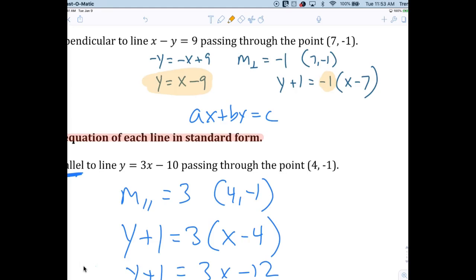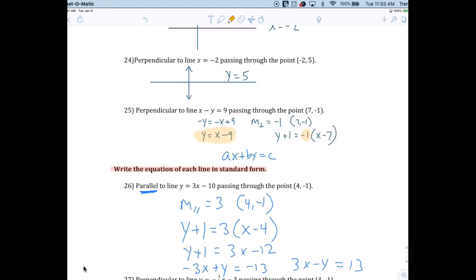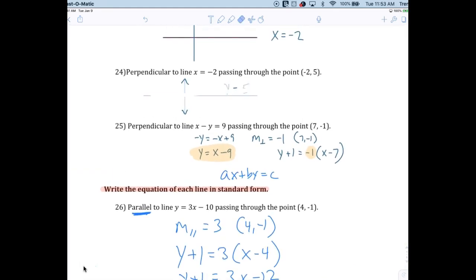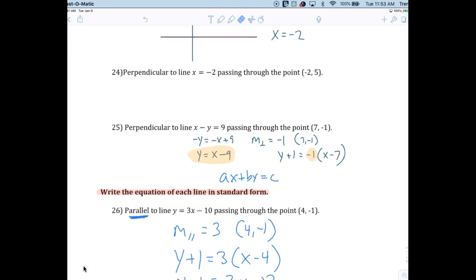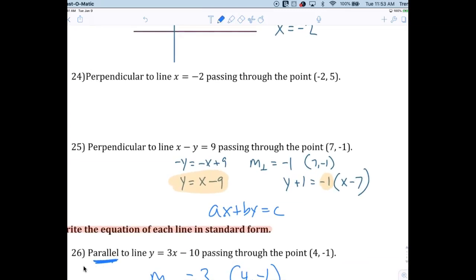Let's look at 24 because I was hoping somebody would ask me this question. So x equals negative 2. If you can't tell me x equals negative 2 is a vertical line, you're in a little bit of trouble. Anytime I say x equals, you should tell me it's vertical. Just like if I say y equals, you know it's horizontal. So if x equals negative 2, I want to draw something perpendicular to a vertical line.